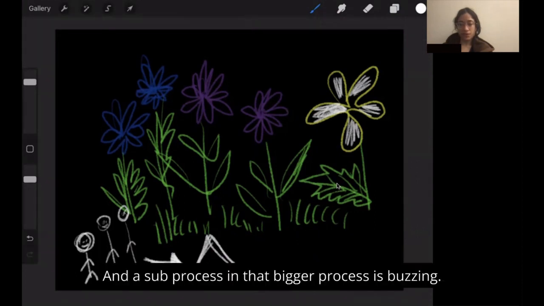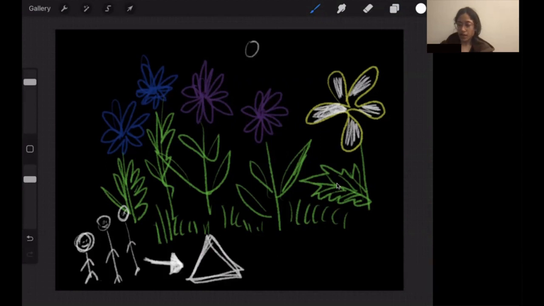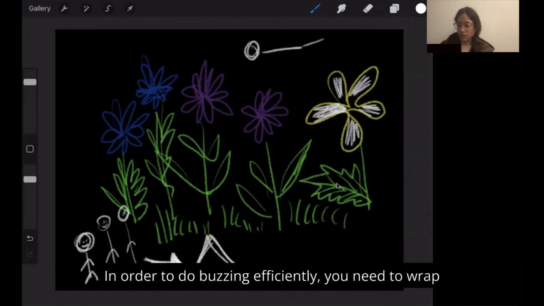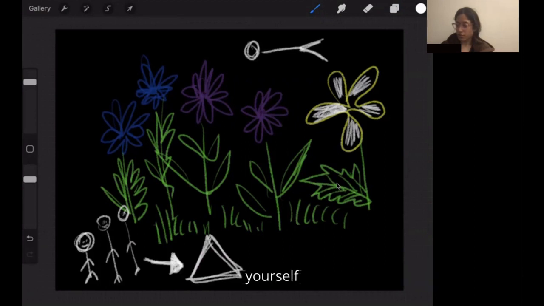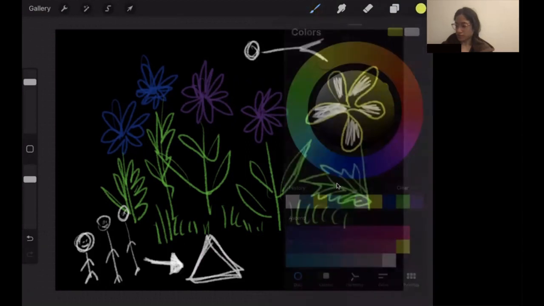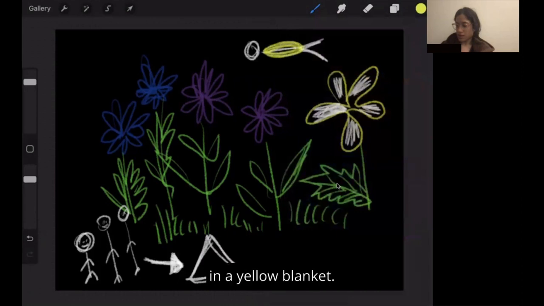And a sub process in that bigger process is buzzing. In order to do buzzing efficiently, you need to wrap yourself in a yellow blanket.